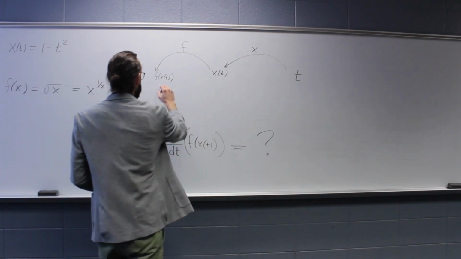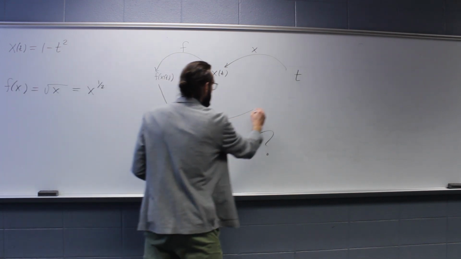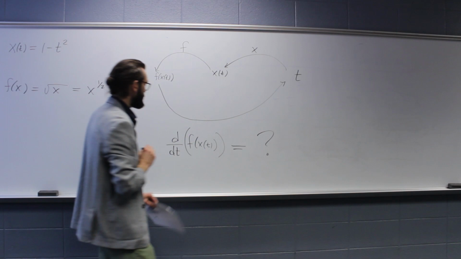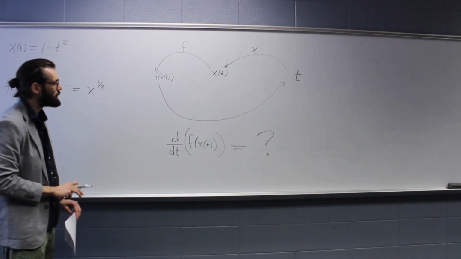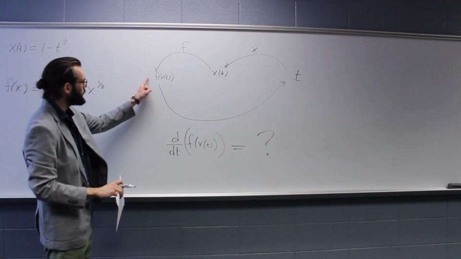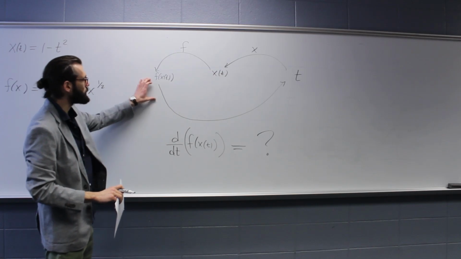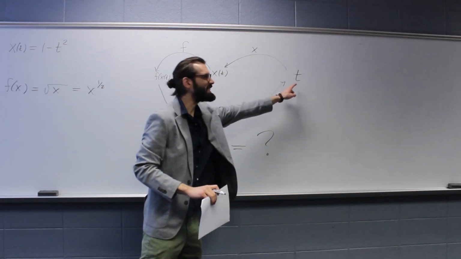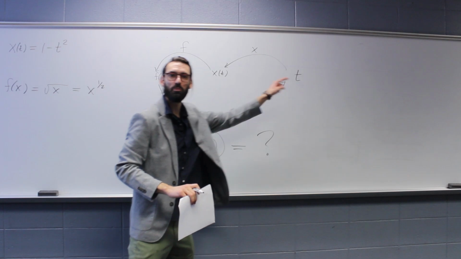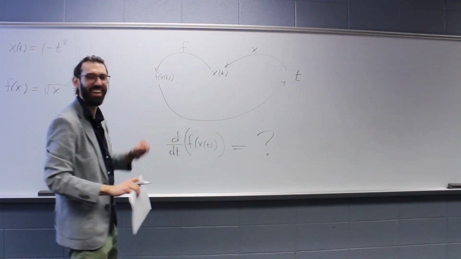And now we're asking, I want to take a derivative with respect to time of this function, right? So I want to take a derivative and it acts on the outside of this function and I need to get to the t, right? But there's stuff in my way.